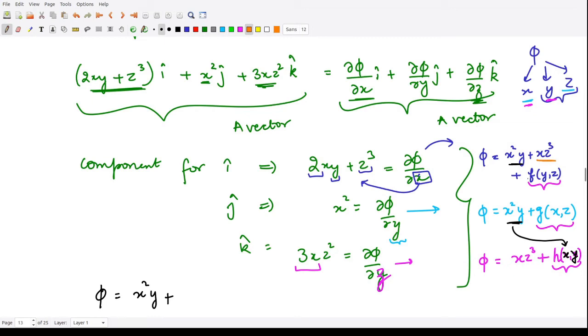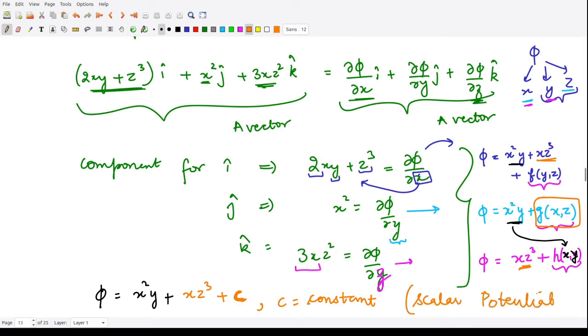Now xz cube is coming here and here, so this has to be xz cube, plus the other quantity that you are getting as this function f of yz, which you do not know as of now. So you can call this some constant c, because there is no other constant coming up here. So c is some constant quantity. This is how you obtain your scalar potential, right?